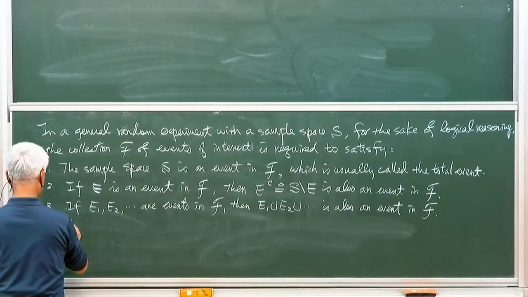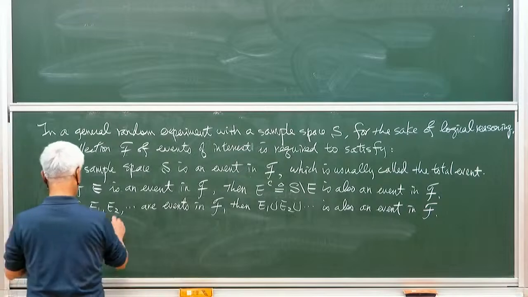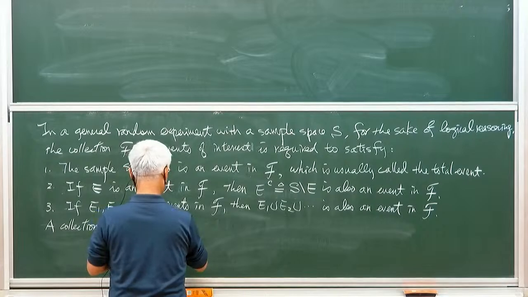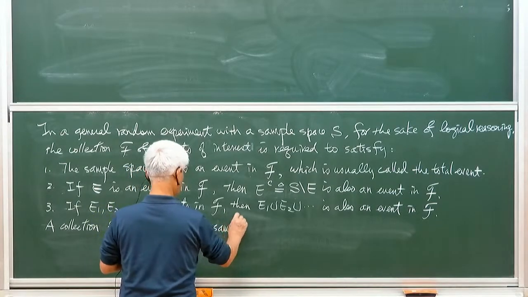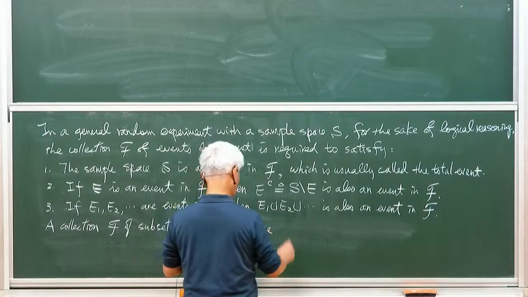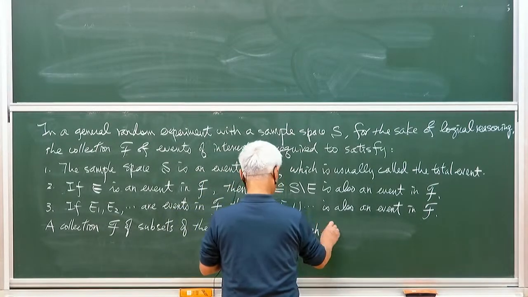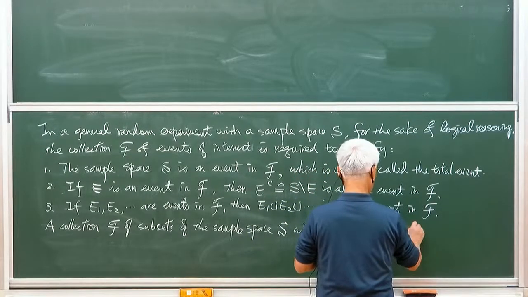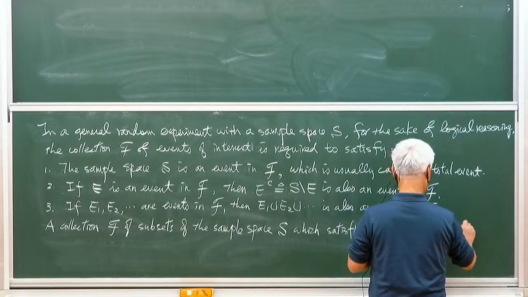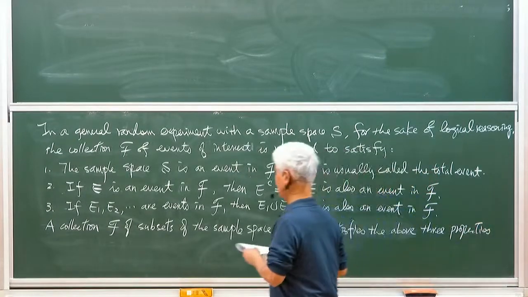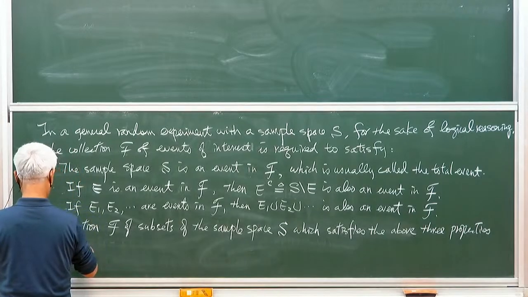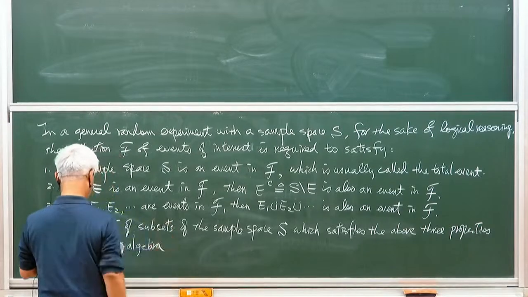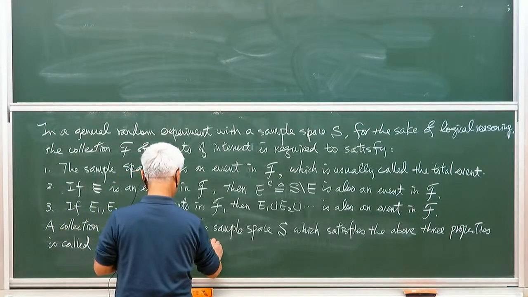Now a collection F of subsets of the sample space which satisfies the above three properties is called a sigma algebra, or sometimes people call it a sigma field.